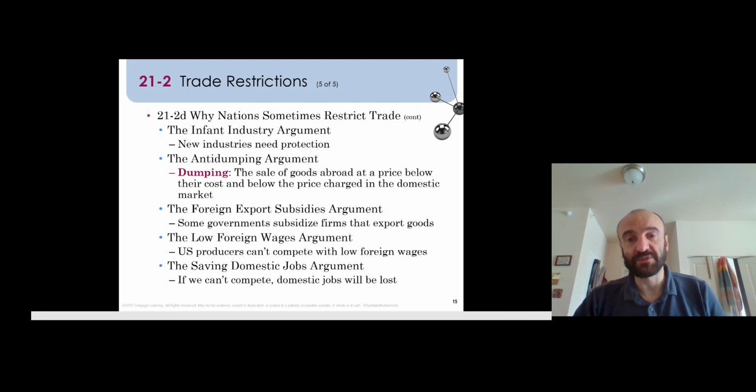Foreign export subsidies argument. This is connected to the previous one. Some governments subsidize firms that export goods, and again, I cannot exactly see how that is bad for Americans. If Chinese and Japanese are stupid enough to tax their own people in order to increase American consumption, to create cheaper goods and services for Americans, it's difficult for me to see exactly why that is bad for the American consumer.